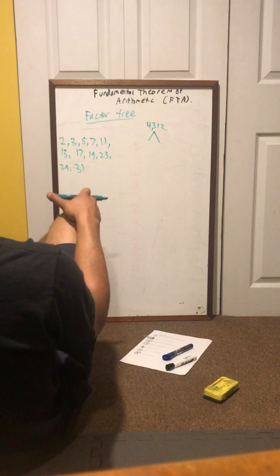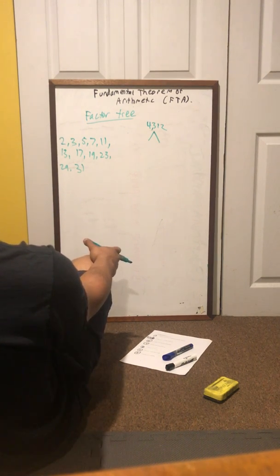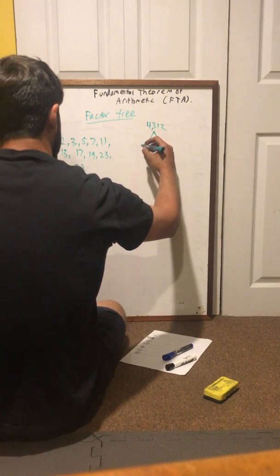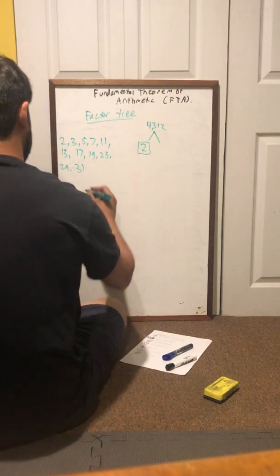So, finding the prime factorization of 4,312, first we know 2 works.